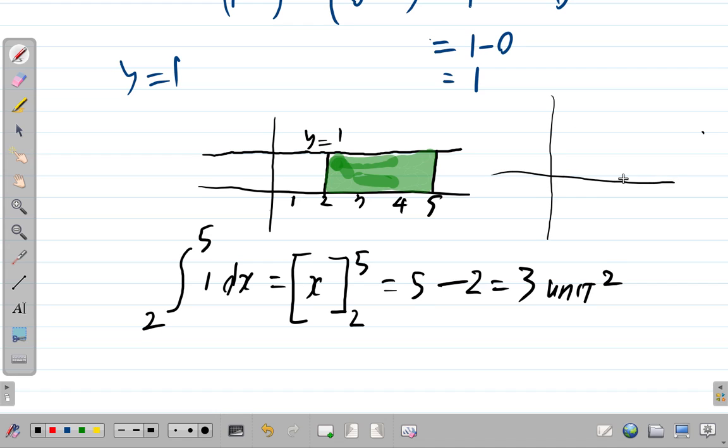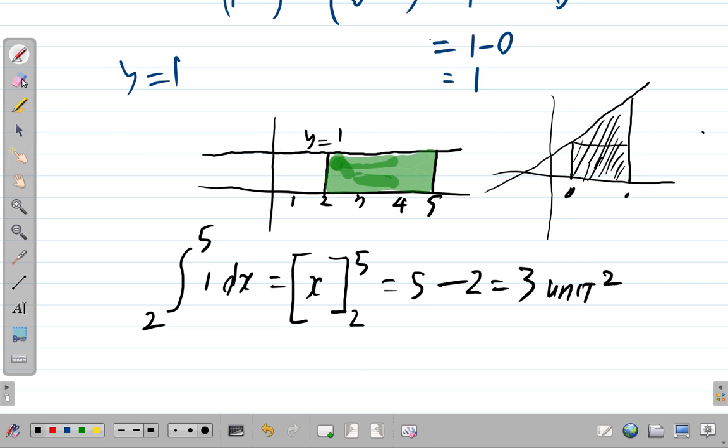You have your y on the x-axis, and the graph runs in a straight line going this way, and you integrate from here to here. So you would find this area. Of course, you could use rectangular calculations because this would consist of a rectangle and a triangle. So you could use those calculations, no problem.